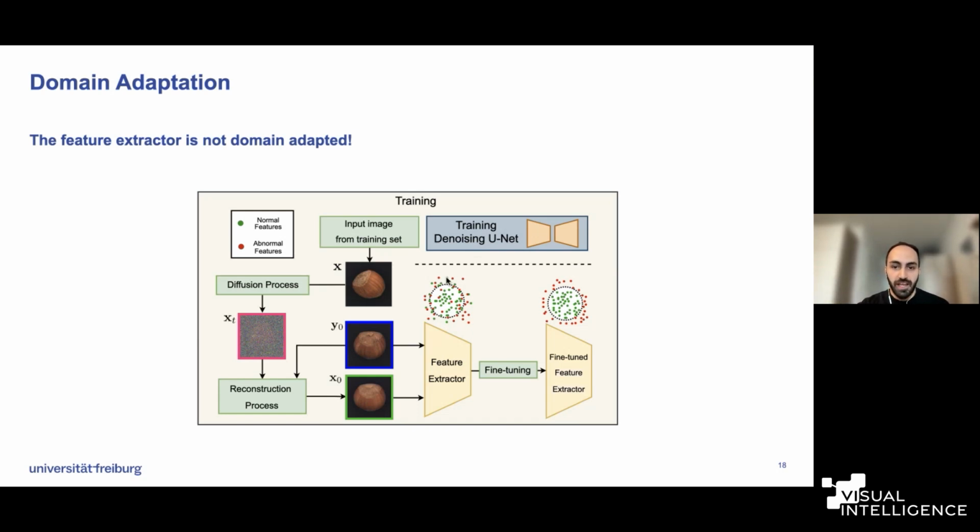So what we do, we have our diffusion model trained on, for example, hazelnut in this case. We have input image X, and then we also sample a second image, which is our conditioning image Y0. So we kind of sample two images from our training data set, and then what we do, we add noise to the first image, and then we condition the diffusion process, the denoising process or reconstruction process on the second image.